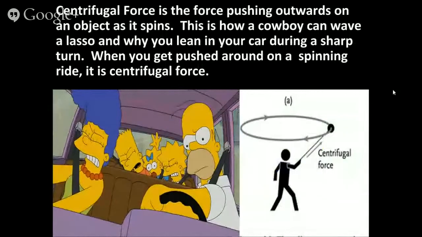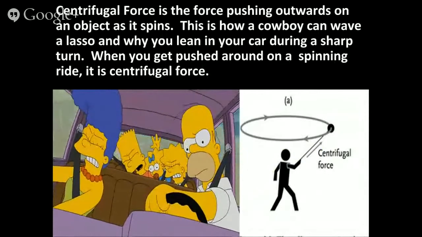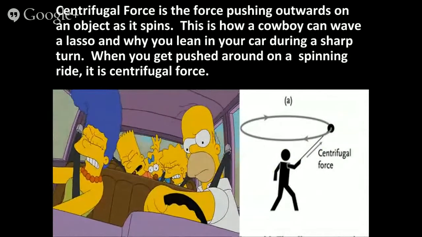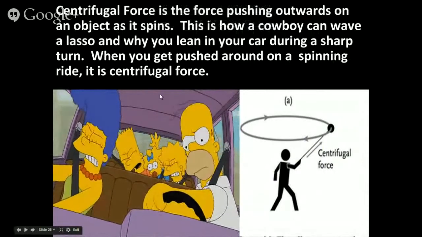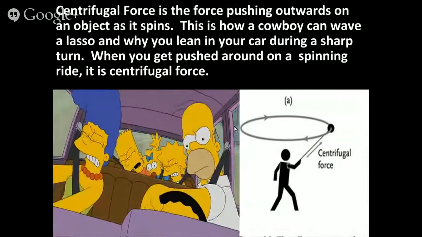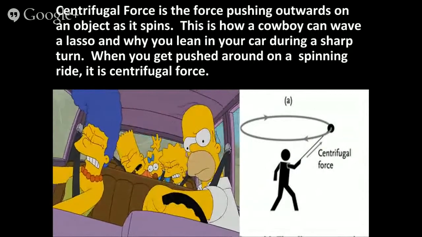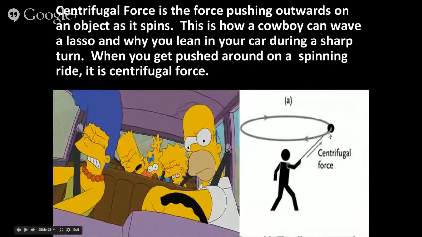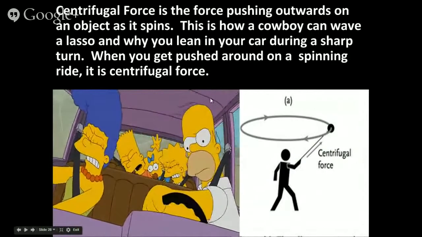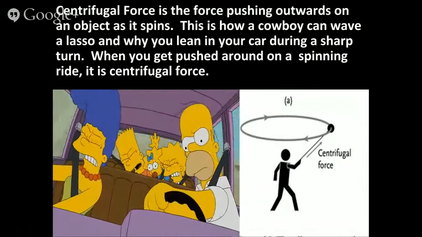Well, the reason we have a bulge on the opposite side of the Earth is due to something called centrifugal force. And centrifugal force is a force that we've all experienced before, but we might never have named. Centrifugal force is the force pushing outwards on an object as it spins. So if you've ever been in a car that's turned very sharply, or you've taken a bucket of water and tried to spin it over your head, or you've maybe taken a lasso or a ball on a string and twirled it around, perhaps you were on a spinning ride or a carousel, maybe you went to the boardwalk or the carnival and you went on a spinny ride, you felt your body being pulled in a certain direction.